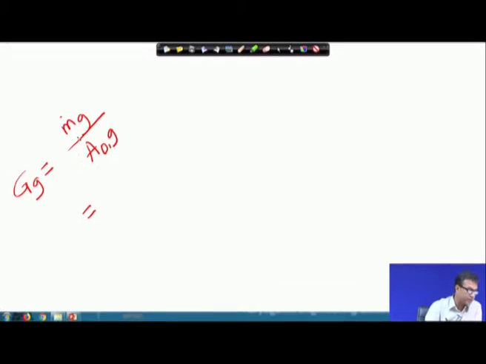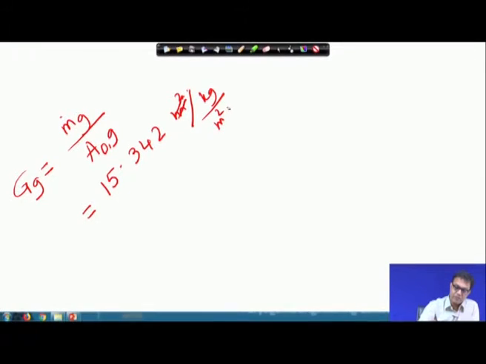Both the parameters are known, so we can find it to be 15.342, and the unit is kg per meter square per second.